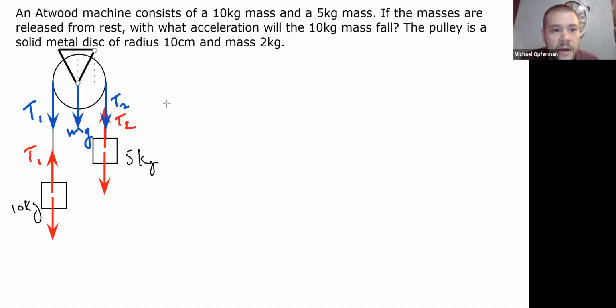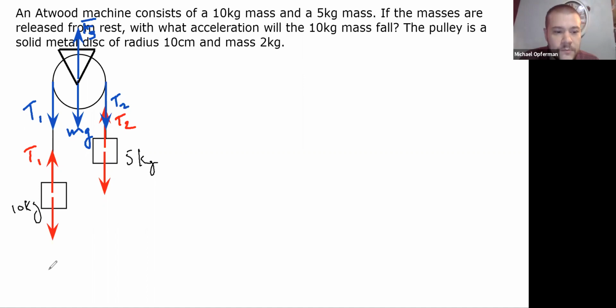Like maybe there's a little metal housing that's bolted into the ceiling like that. And that little metal housing is going to exert an upward force like that. That's basically going to be some kind of support force. Let's call it Fs, the force of the support holding the pulley upwards.